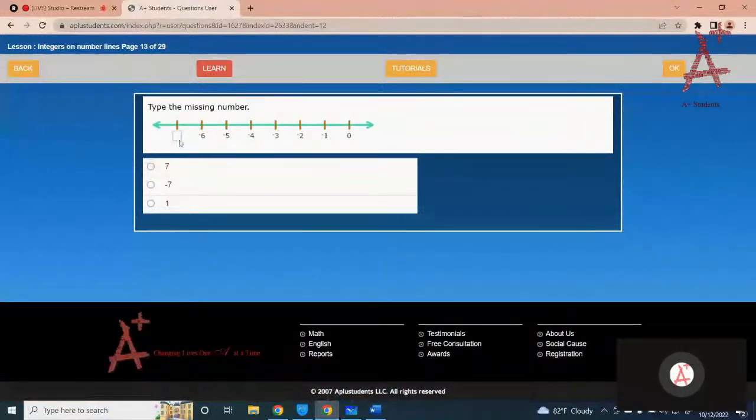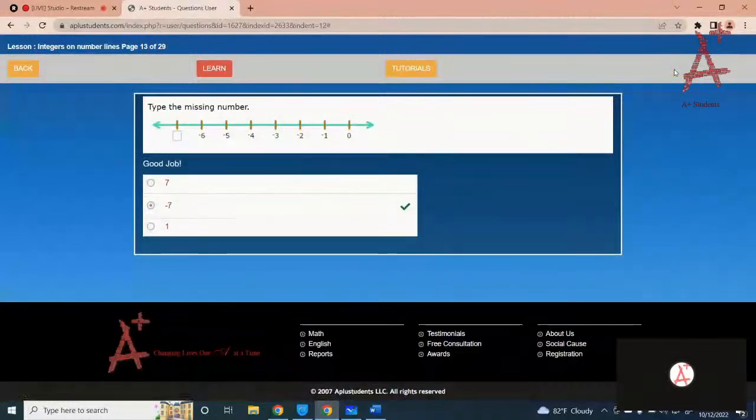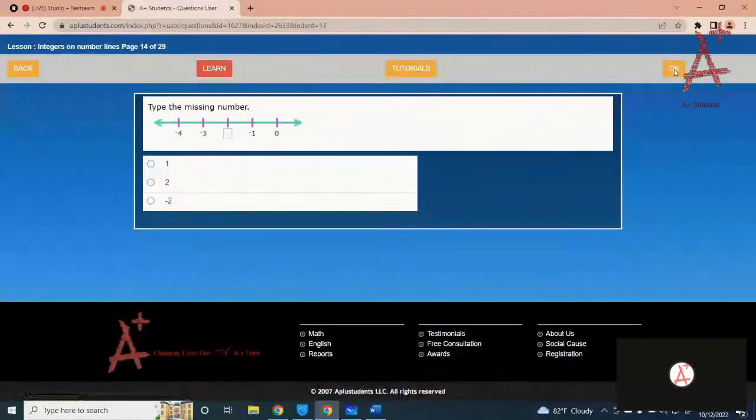Type the missing number. Which number is right after -6 and -7? Very good. Select the correct option and click on the OK button. Okay, type the missing number.